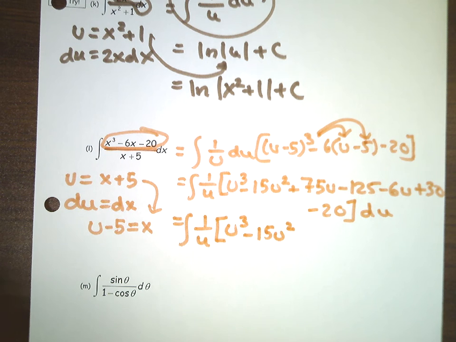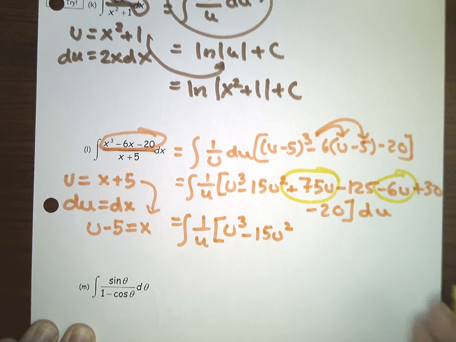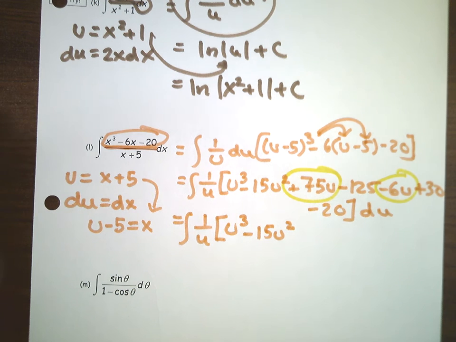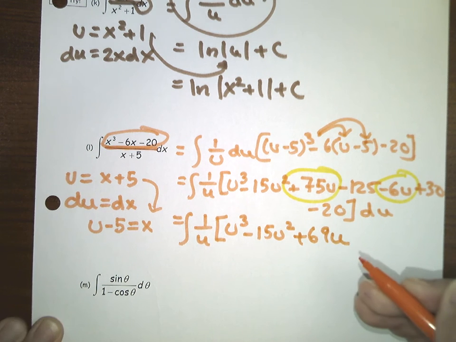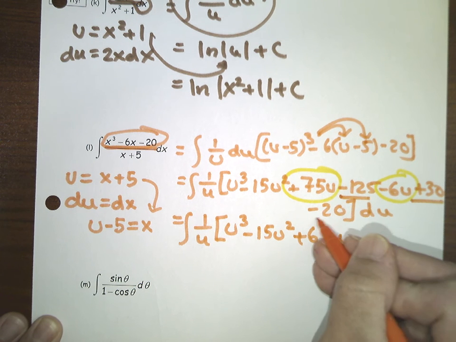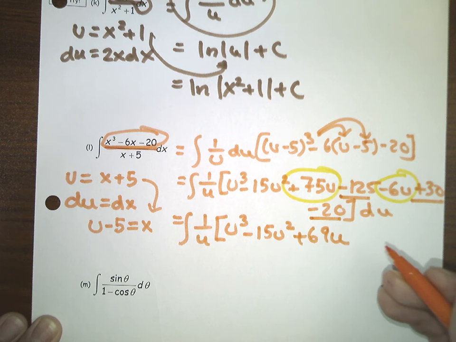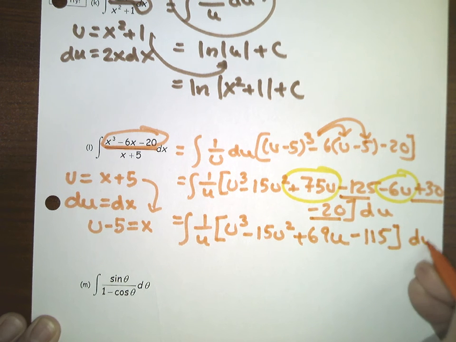And then we have 75u minus 6u. So that will be, what is that? That's a 69u, right? And then we have negative 125 plus 30 minus 20. So that will be negative 115 du.